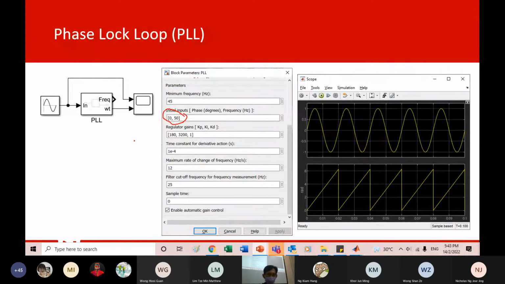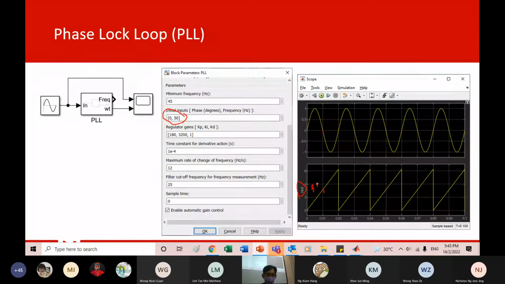Now, the output is that you will see the top one is a sine wave, and the bottom one looks like a sawtooth. But look carefully, this is radian. 0 radian, then 180 degrees is pi, so the radian here is 3.14.